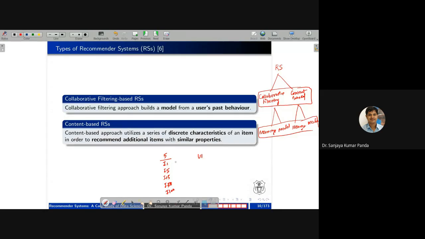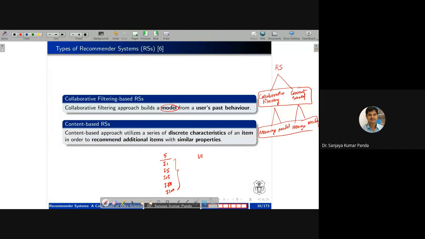Because the user has purchased these items, you have to suggest some new items to this user. For this, you have to build a model. This model takes as input the items you have purchased, and based upon that, it suggests some new items. This is the first part.